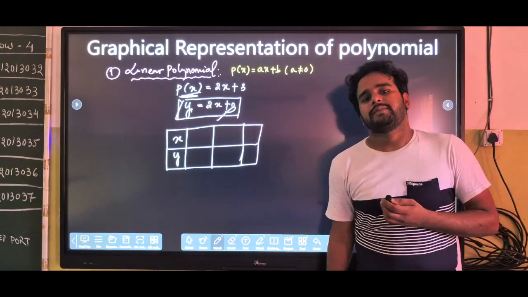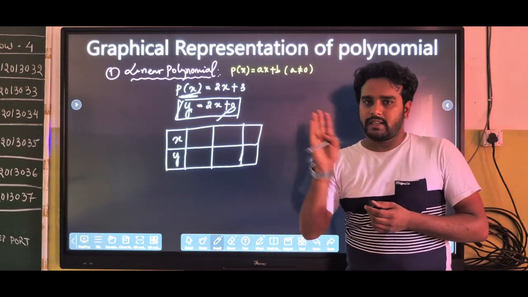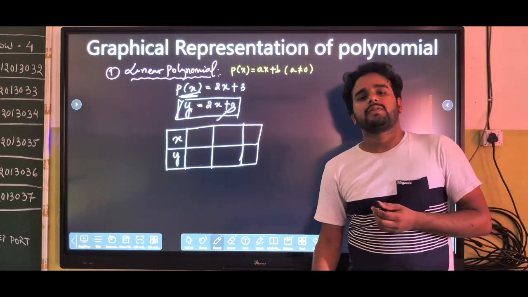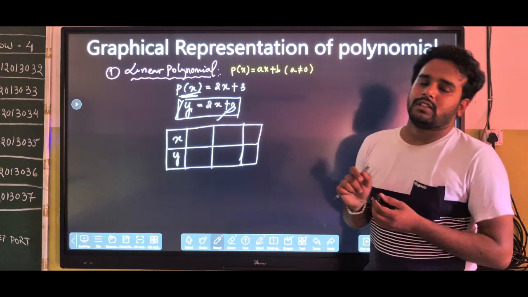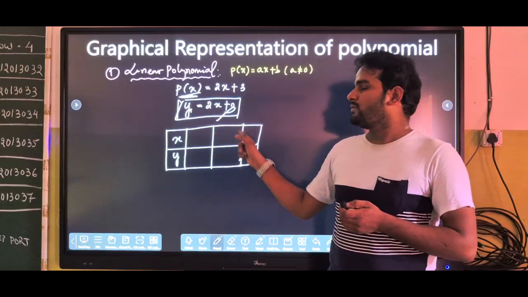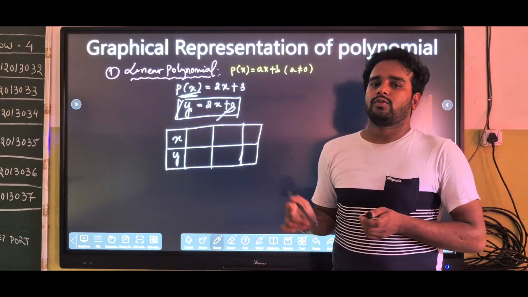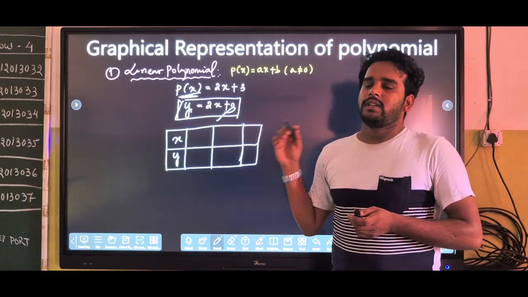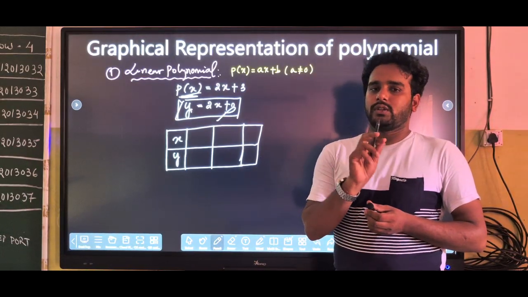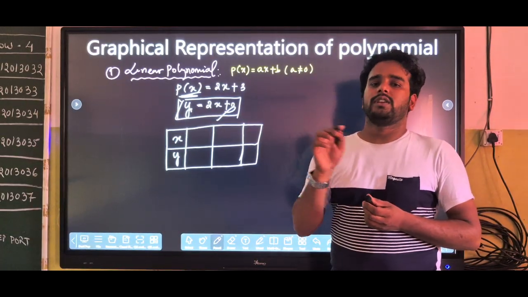Your mathematical concept says that 2 points are needed to get a particular straight line. But to confirm the collinearity, there should be a minimum of 3. So whenever you are drawing a graph, there should be a minimum of 3 points or 3 solutions. Don't go with 2, because 2 points will never confirm whether the points are collinear or not.